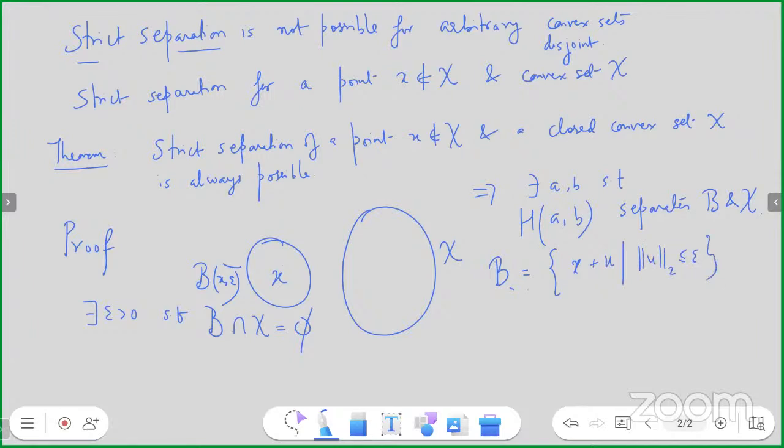What does the hyperplane theorem tell me? The separation theorem says that for any point in B, x plus u, a transpose times it is, let's say, greater than or equal to b, for all u with norm less than epsilon.